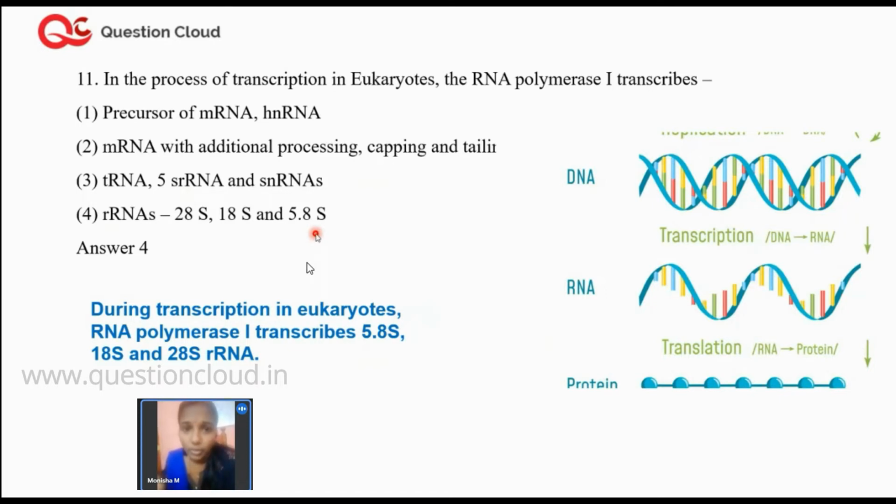Very important. Now, in eukaryotes, what are the different types of RNA? mRNA, tRNA, and rRNA. Very good, excellent. So there are 3 types: mRNA, tRNA, and rRNA.